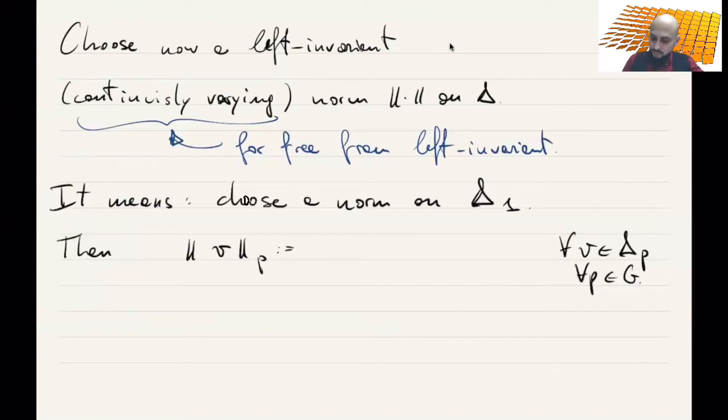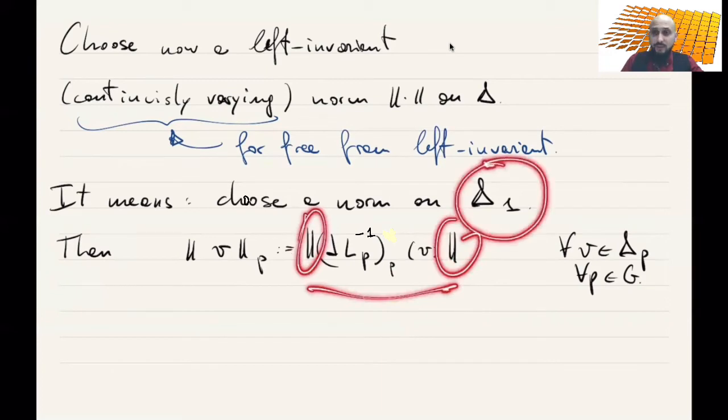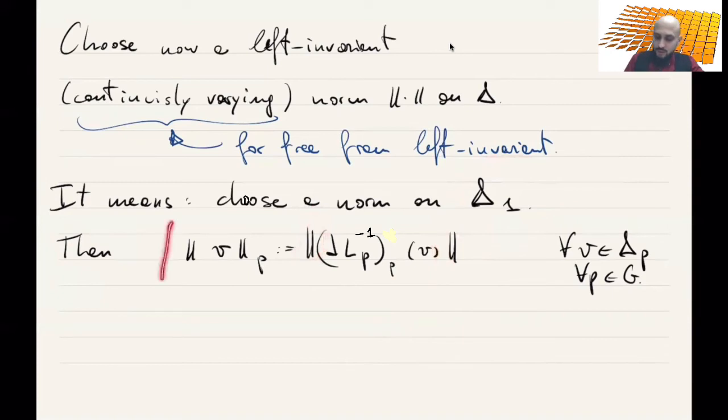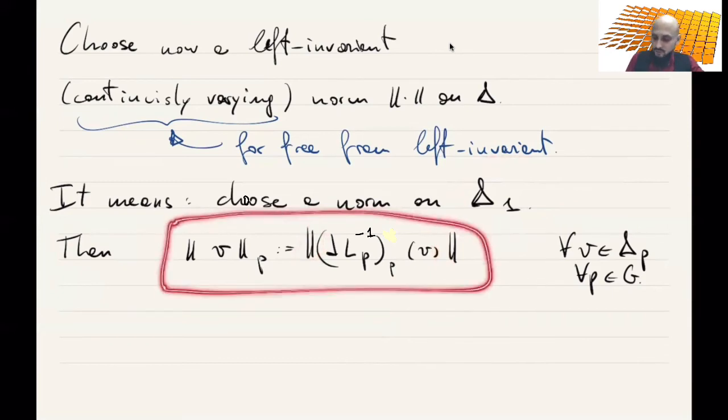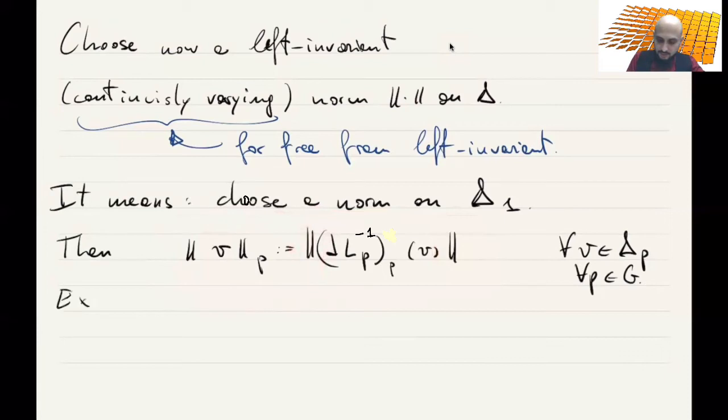Since it's left invariant, it's just going to be the norm of the left translation push forward by P^{-1} applied to v, where this norm now is the norm at the identity, at the subspace at the identity. One can actually take this to be the definition. So you fix this norm, and then you have a formula for the left invariant extension. As an exercise, check that this formula defines a left invariant and continuous norm.